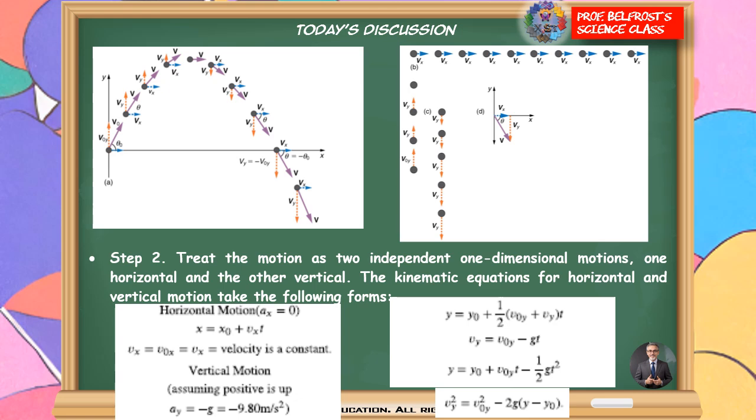Also ay is minus g, which is minus 9.8 meters per second squared. And y is y0 plus half times v0y plus vy times t. So vy is v0y minus gt, y is y0 plus v0y t minus half gt squared, and vy squared equals v0y squared minus 2g times the difference of y and y0.